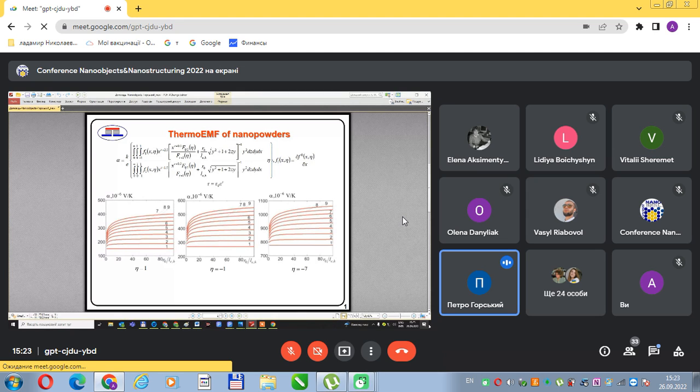Є питання. Якщо в монокристалах все добре, це відома річ. А от в наноматеріалах, чи так воно буде? В чому проблема?